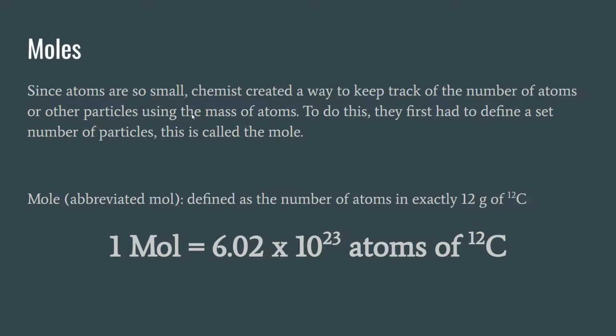And the mole was defined as the number of atoms in exactly 12 grams of carbon-12. So 1 mole was found to be 6.02 times 10 to the 23rd atoms of carbon-12. By setting the definition to an exact isotope of carbon, an exact atom, and an exact mass, we can relate this to any other element or atom.